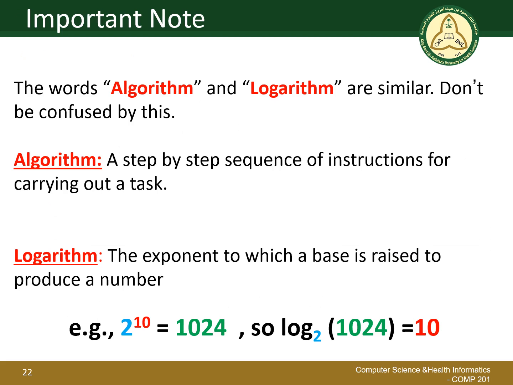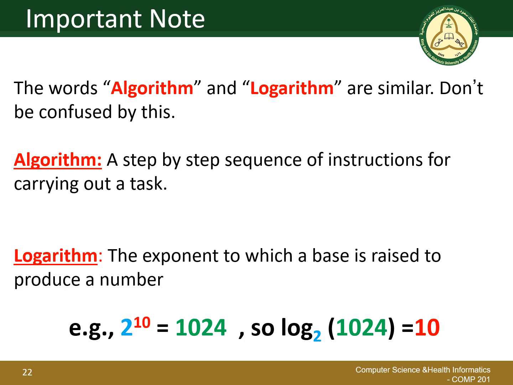Here just a note عشان لا تلخبطوا بين algorithm and logarithm. Algorithm بحاضر عشان logarithm: the exponent to a base to produce a number. يعني الأس اللي حرفعه للبيز يديني ناتج.